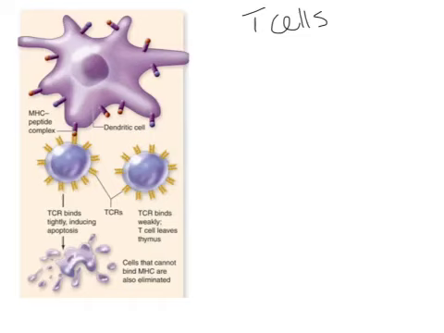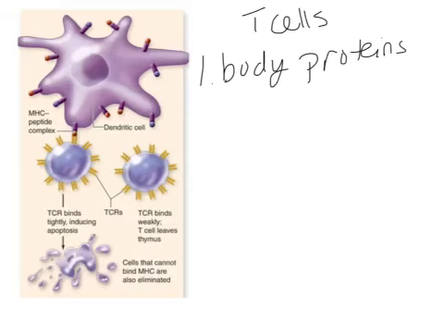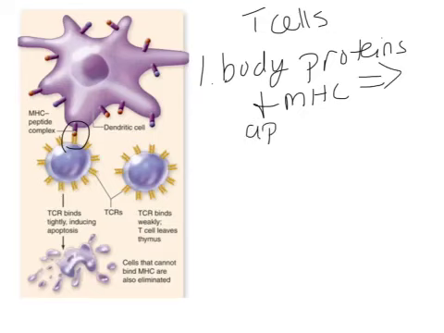One of the options is that the T cell may bind to the body's proteins and the MHC. If the T cell binds tightly to body proteins and major histocompatibility complex, then the result is going to be apoptosis.